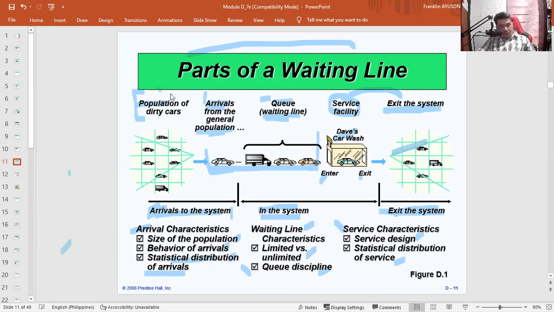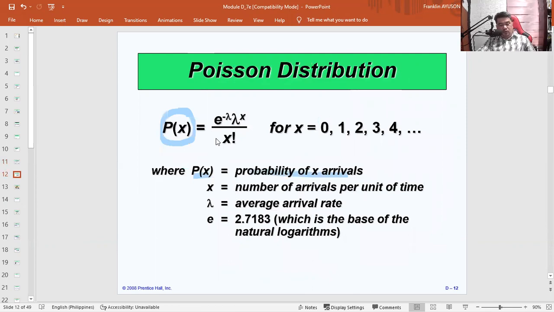The probability of arrival from the general population is equal to e, or the Euler's number of 2.72, which is based on natural logarithm. So later on, I have a short video to explain this Poisson distribution. And you have the lambda, which is the average arrival rate.